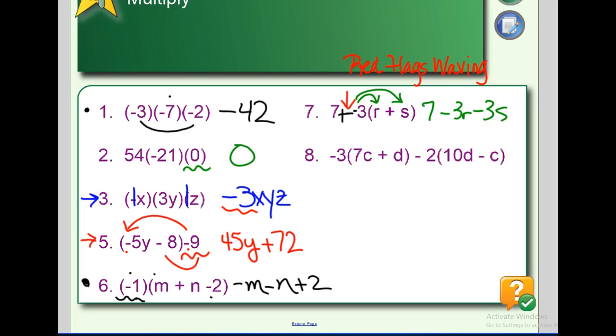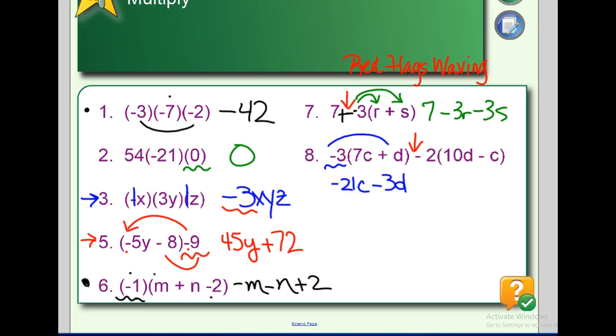Oh, distributive property times 2. So let's look. We've got negative 3, so we're going to multiply everything in the parenthesis by negative 3. Negative 3 times 7, negative 21c. All right, and negative 3 times d is minus 3d. Did you notice it? Yep, there it is. There's red flags waving.